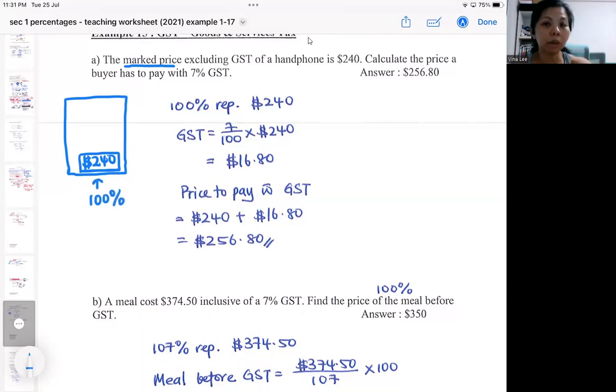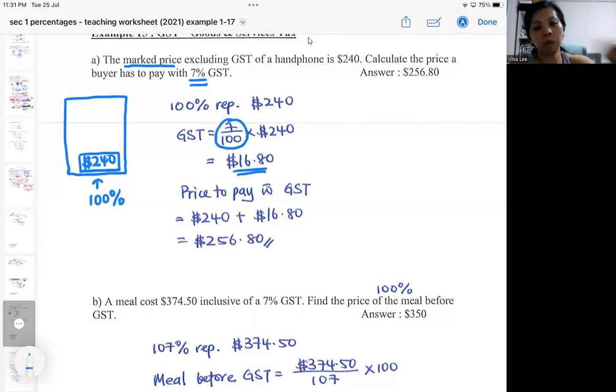So when you go to the counter, they will tell you, oh, you have to pay a 7% GST. So you use this 100% and calculate the 7%. So again, you drop the 7%, change it to a fraction, and you multiply by 240. So that will be the tax that will be paid to the government.